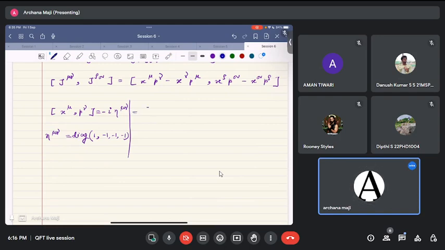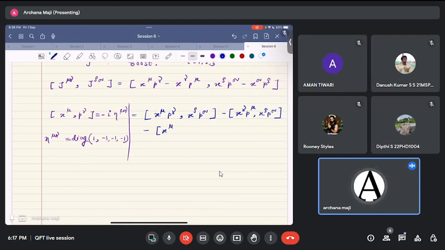So this is just a matter of doing this calculation. x rho p sigma minus ... plus x mu p nu x sigma p rho. Okay.